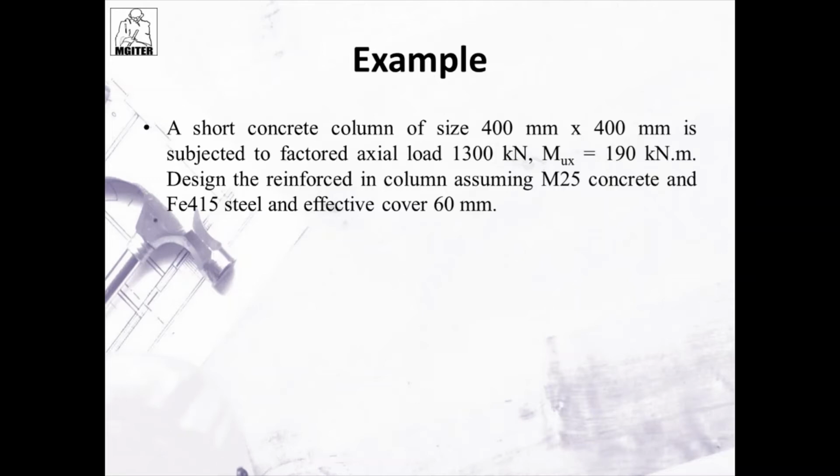Design the reinforcement in the column assuming M25 concrete and Fe415 steel and effective cover 60 mm. One piece of data is missing, which is MUY. MUY is 110 kilonewton meter.